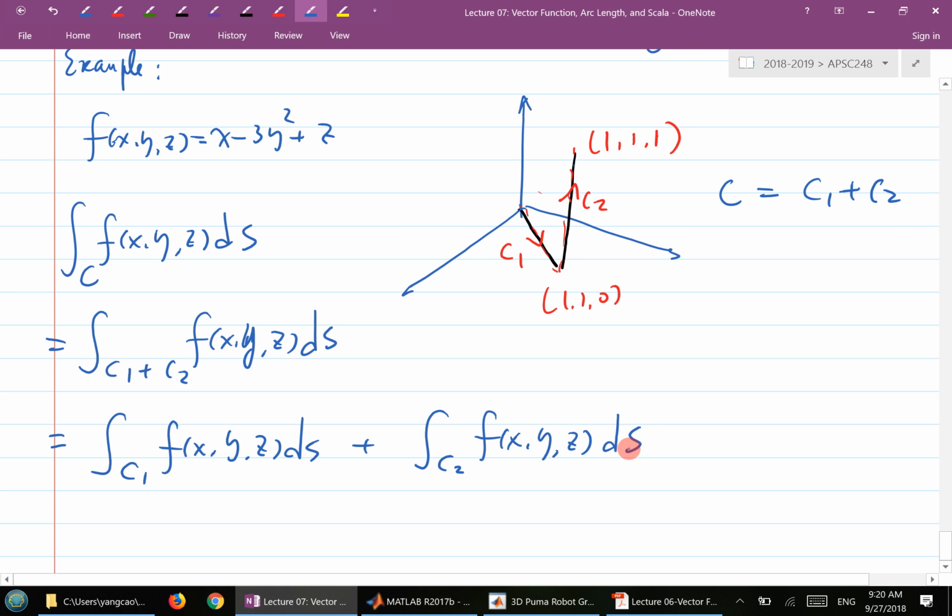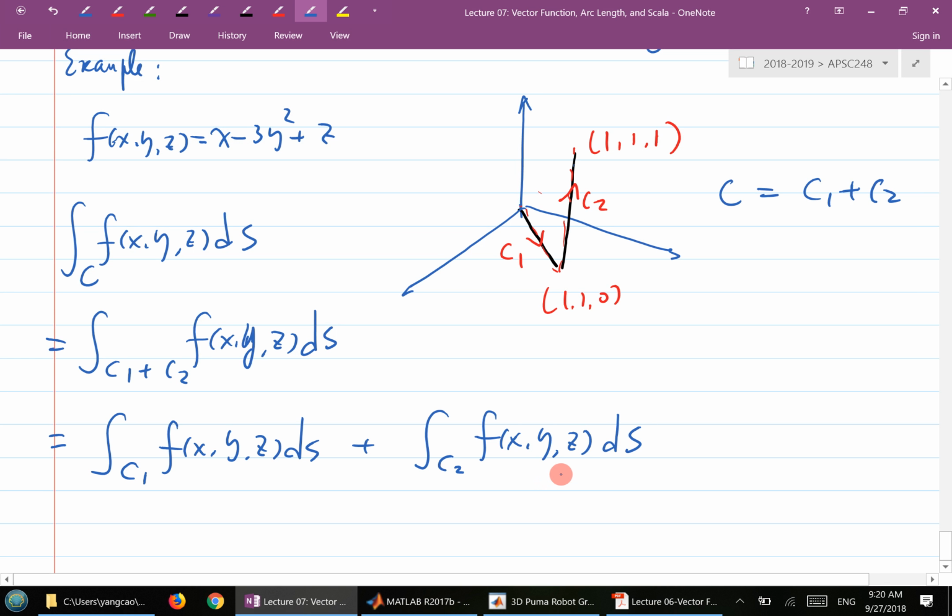There are only two pieces, so we just have two pieces of integration here. You deal with each one of the terms, and you use essentially exactly the same strategy. First, come up with a parametric equation for C1, C2, and then deal with each one of the terms separately. Is that okay?